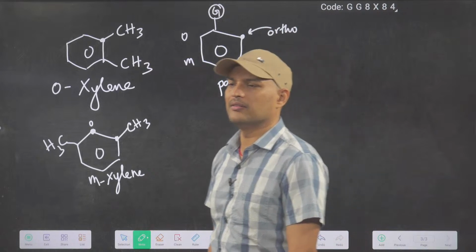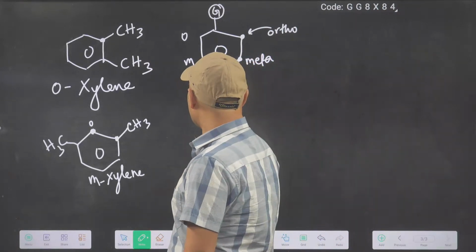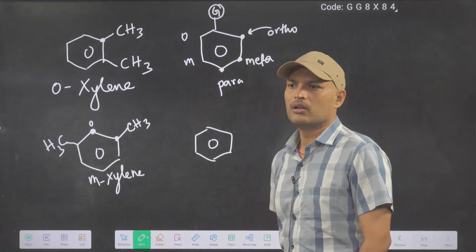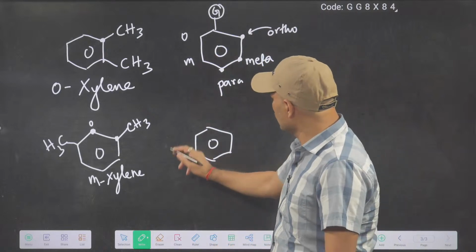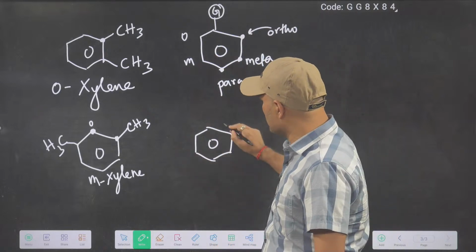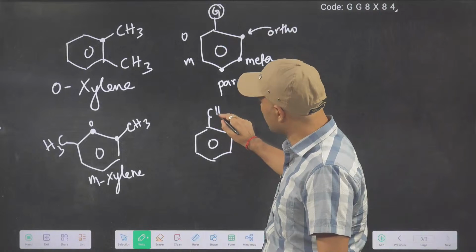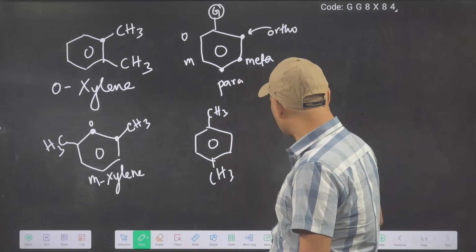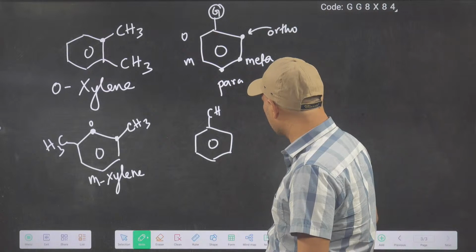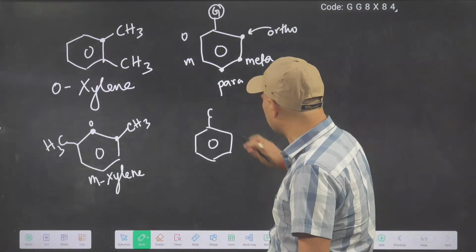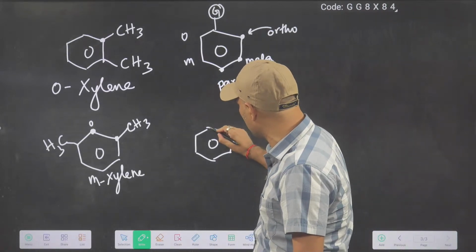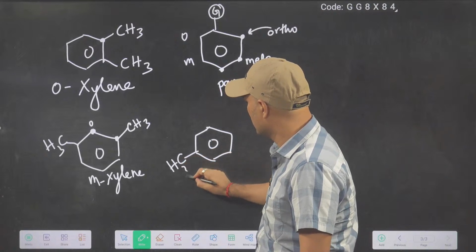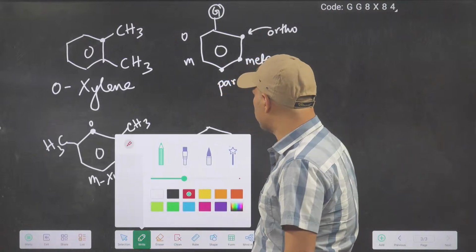Not mata, metaxylene. Can you draw paraxylene? First group you can connect anywhere. All the positions are same. It is not like this, sir, this one only I will write. This is paraxylene. First group you can connect anywhere. Suppose I connect that group here. Then can you tell me which is para position?